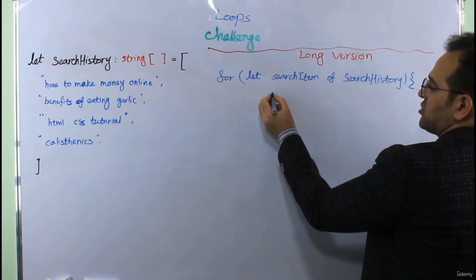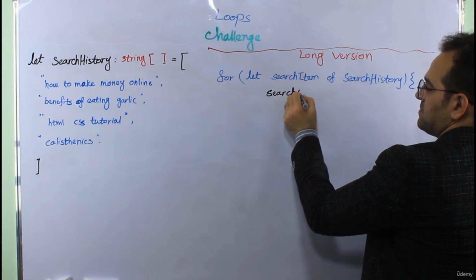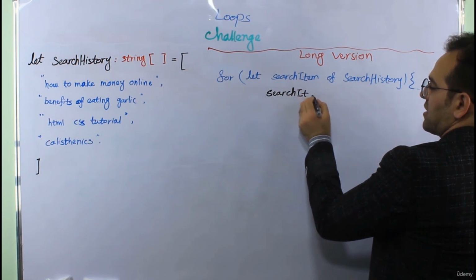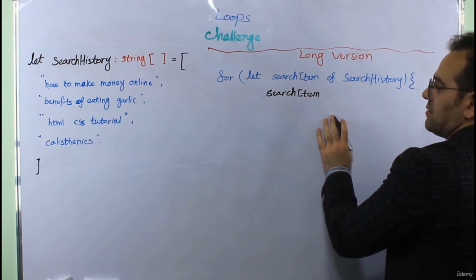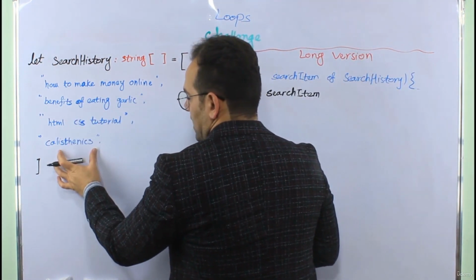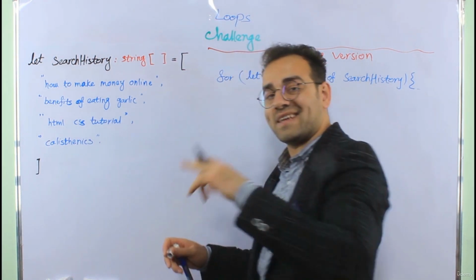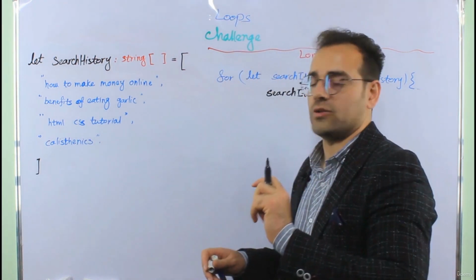We are going to grab each search item and split it at the commas, because we want to grab every individual search item, and then within every individual search item, we want to look for two different keywords.